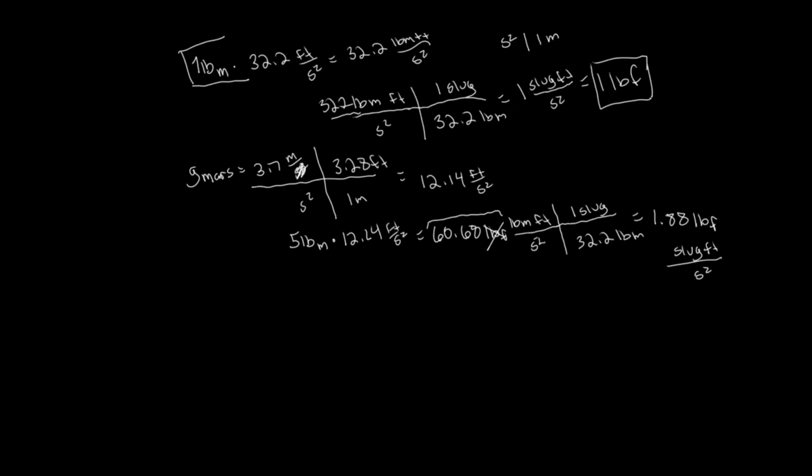So to further define it, let's talk about this. 1 pound force is equal to 1 slug foot per second squared. Also, 1 pound force can be used, and it is equal to 32.2 pound mass foot per second squared.